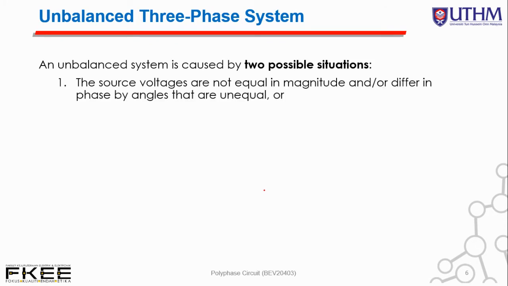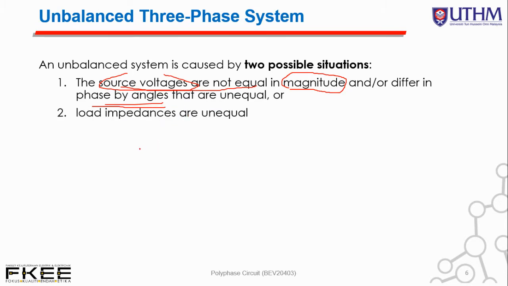So there are two possible situations for the unbalanced system. The source voltages are not equal in magnitude or differ in unequal phase angles. Meaning, we have the voltage at the beginning of the system, the so-called source voltage, and they are not equal either in numerical magnitude, in terms of voltage, for example, or they differ in phase angle.